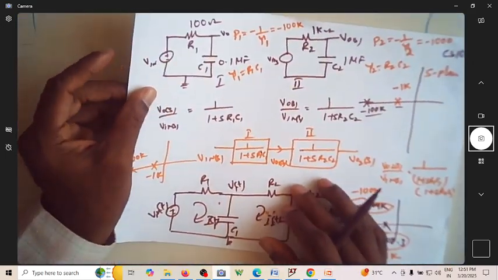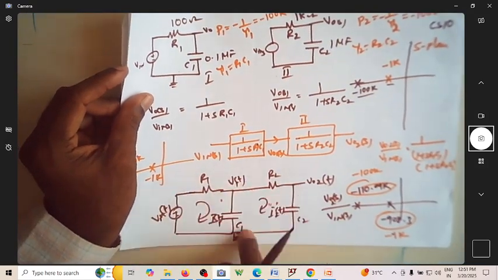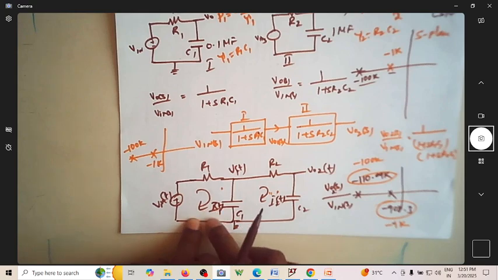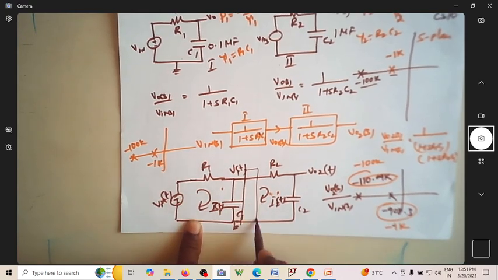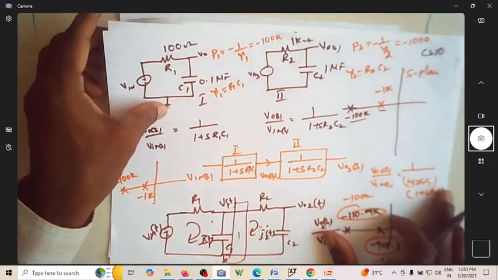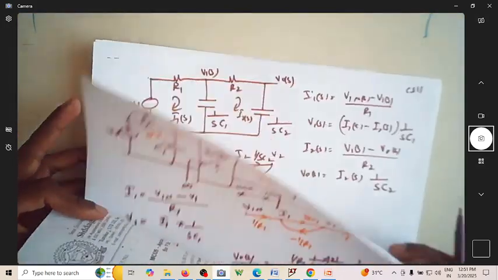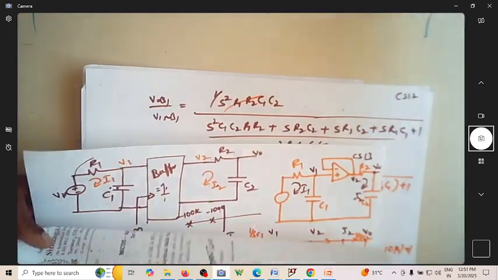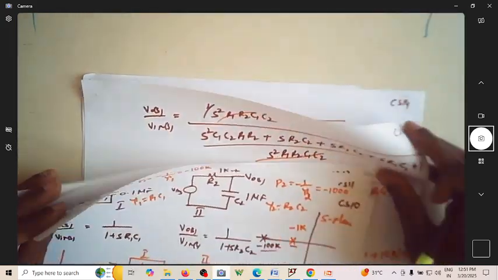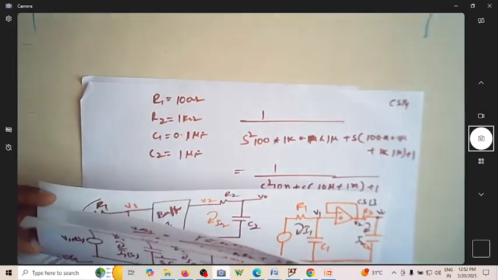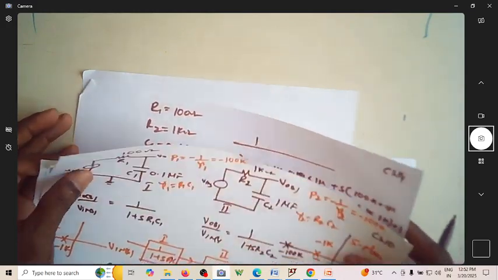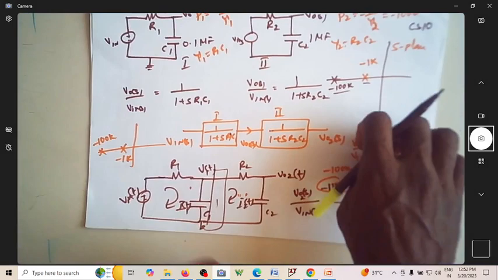In circuit terms, if you want to realize that, you need to put a buffer. So in order to avoid the loading, you need to put a buffer of gain 1. This is what is interesting about the loading and ensuring that it doesn't load the circuit. That is possible only if you add a buffer in between the circuits. Thank you.